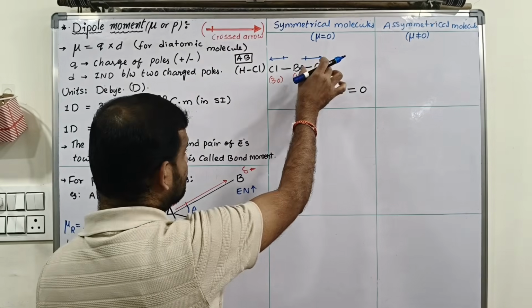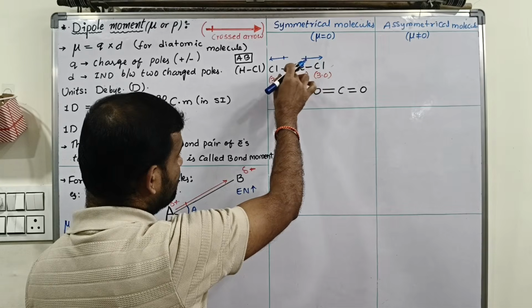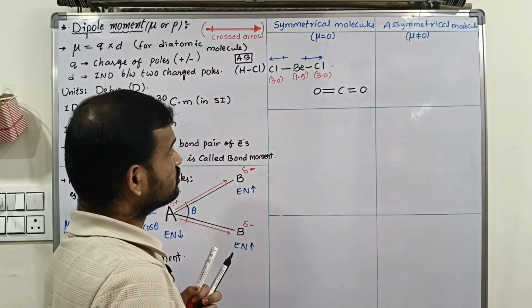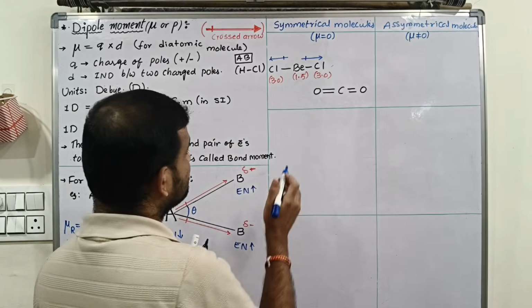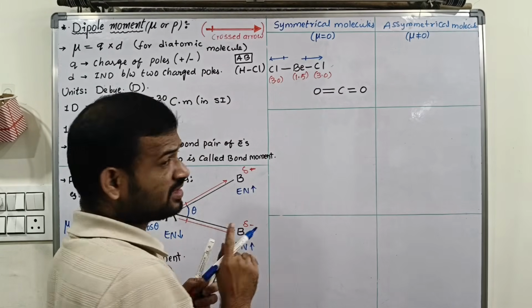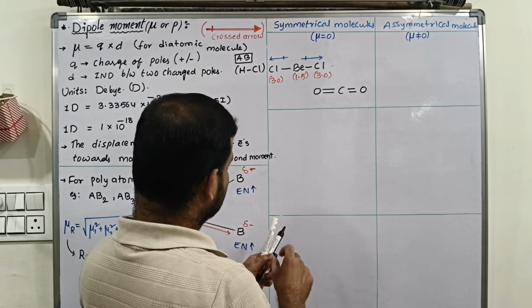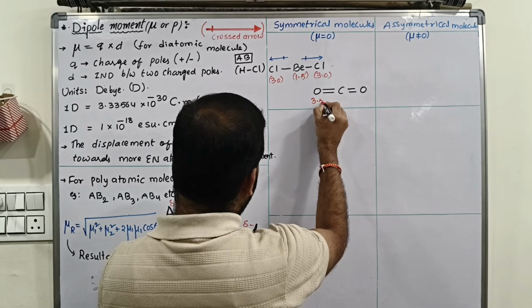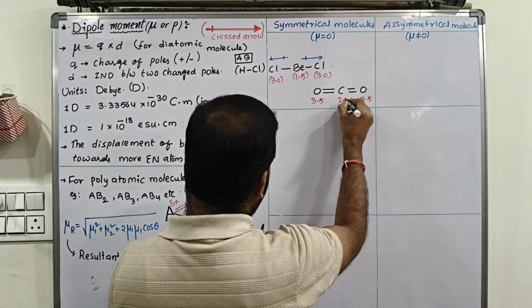Both chlorines are bonded to beryllium in a linear position, so the bond moments cancel each other. So here the dipole moment is 0. Also in carbon dioxide, oxygen electronegativity is 3.5 and carbon is 2.5.